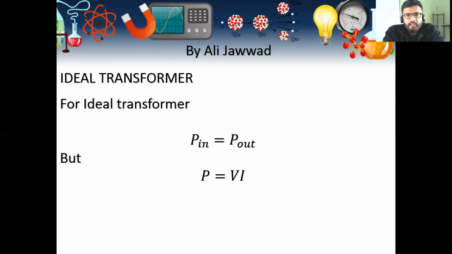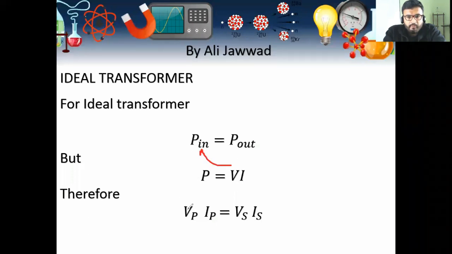So for input power, we can write voltage in primary and current in primary. And for secondary power, we can write voltage in secondary and current in secondary. So this formula is used to calculate the current and voltages in an ideal transformer.